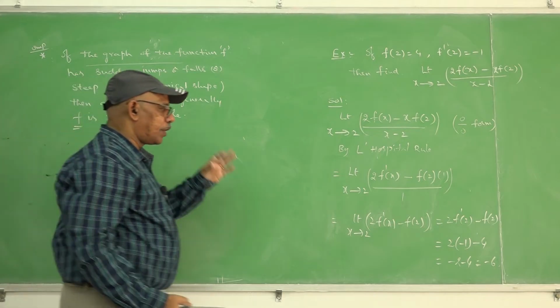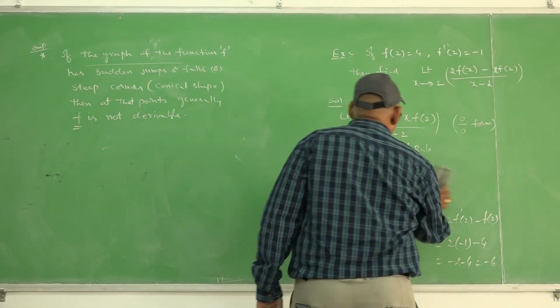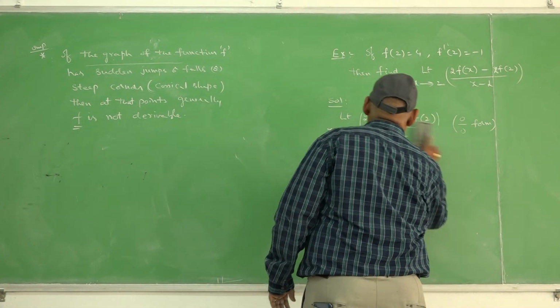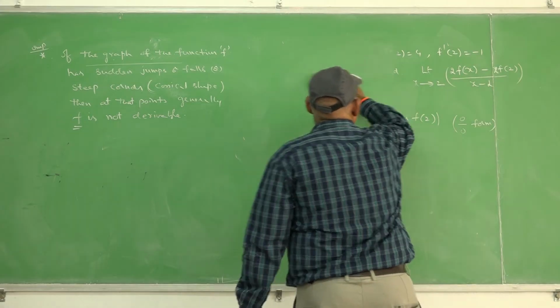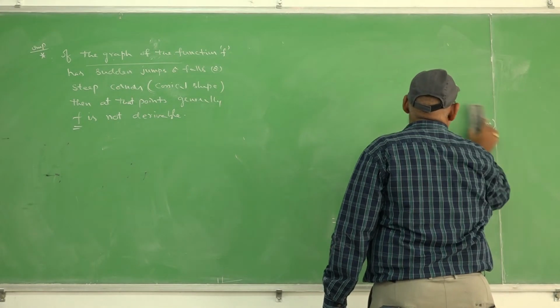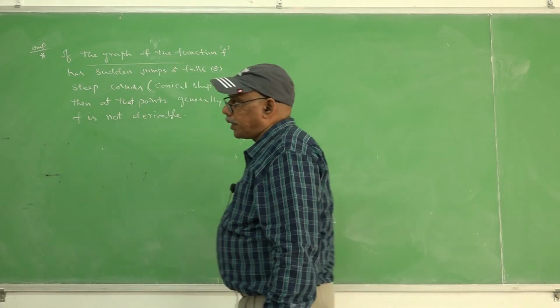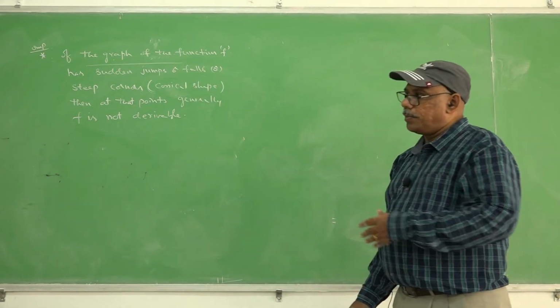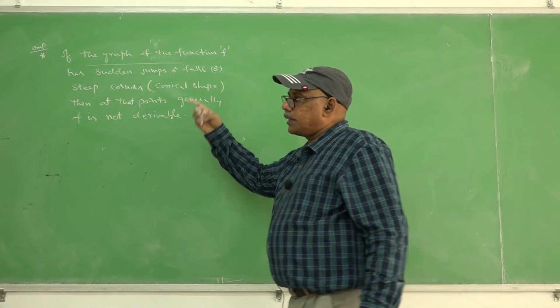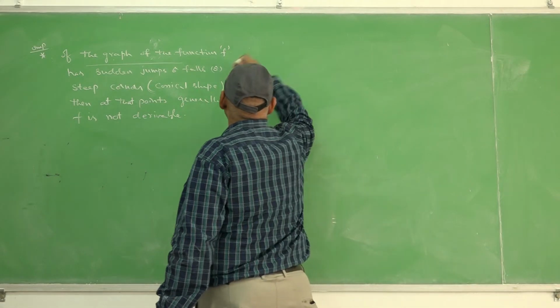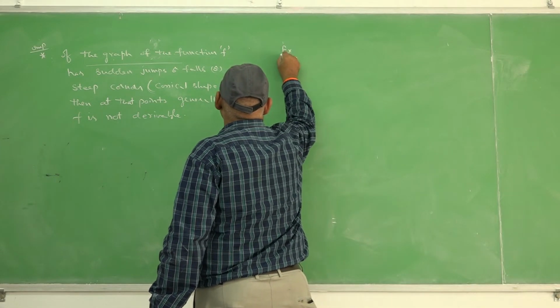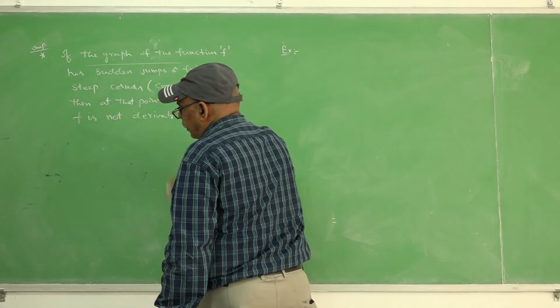F is not differentiable at that particular point. It may be continuous at that point, but not derivable. This is one important point related to derivability. For example, I will explain this point through an example.